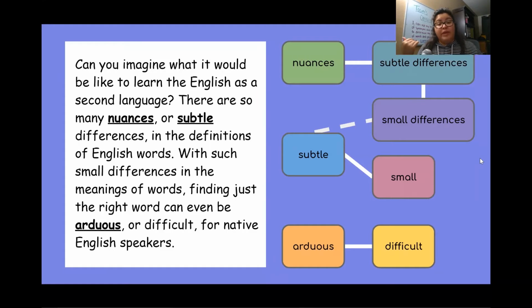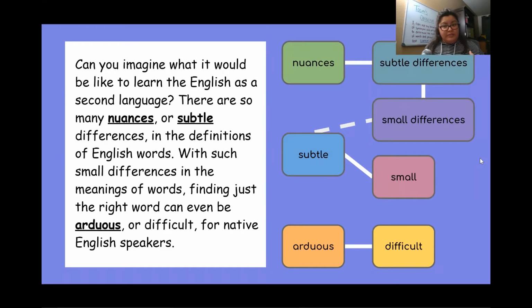So in my thought process, I went from nuances to subtle differences, and then to understand what subtle meant, I found small differences. So subtle and small mean the same thing. It's a little bit of a puzzle to put together, right? And our last one, back to our normal clue: arduous is followed by a comma and then a synonym, all right? So arduous has the same meaning as difficult.